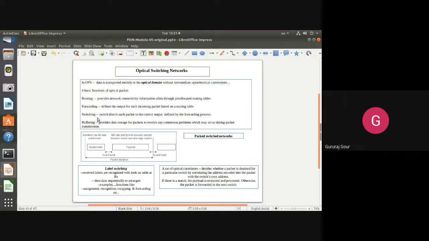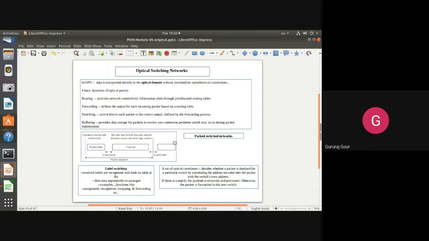The third is switching, which directs each packet to the correct output defined by the forwarding process. The last is buffering, the storage which provides data storage for the packets to resolve any contention problems which may occur during packet transmission. These are the four basic functions of OPS: routing, forwarding, switching, and buffering.